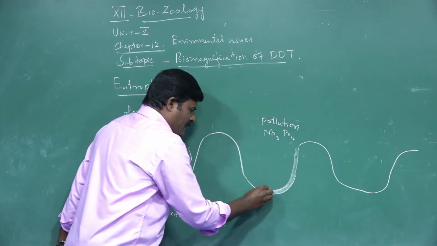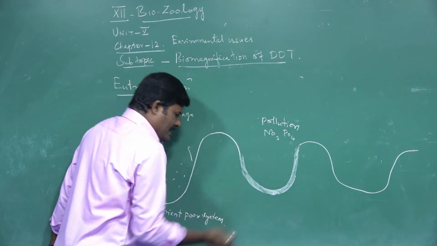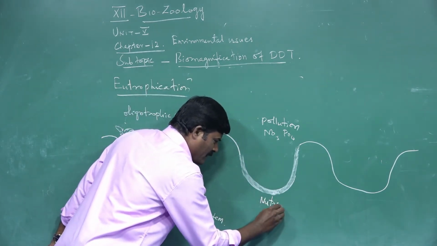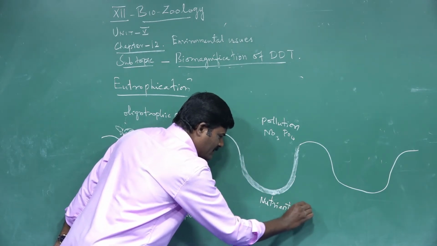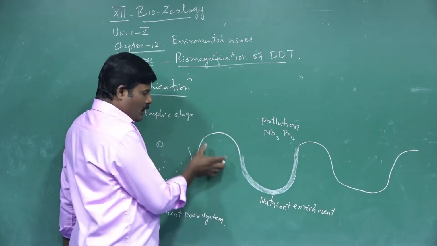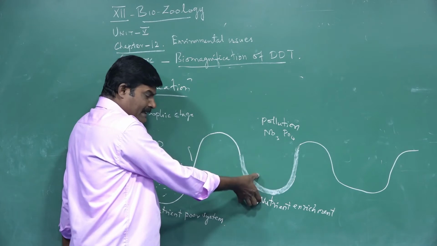the depth becomes shallow. So this kind of lake is nutrient rich, because a large amount of nutrients is carried by the water and introduced into the lake.